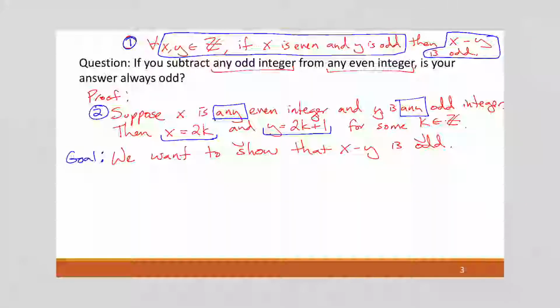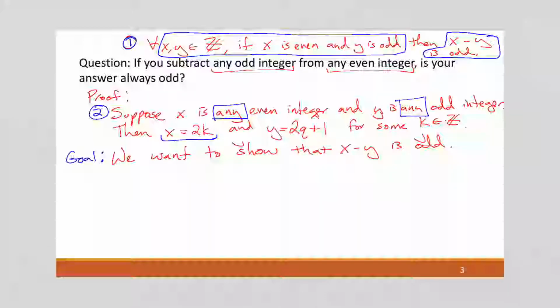Right. So let's see. That's what I was afraid of. Okay, so we can let x equal 2k, but then y has to equal 2 times something else. So let's use q plus 1.